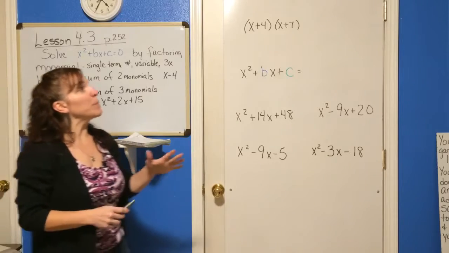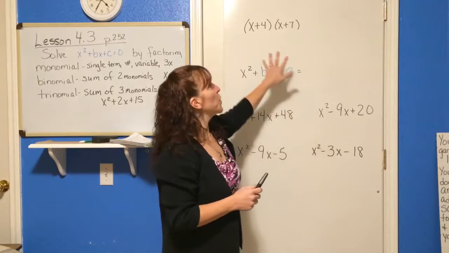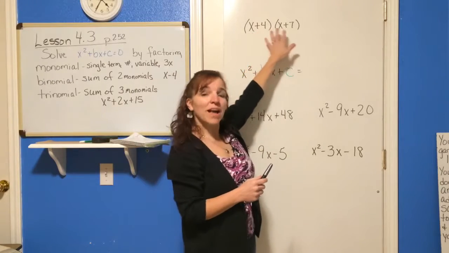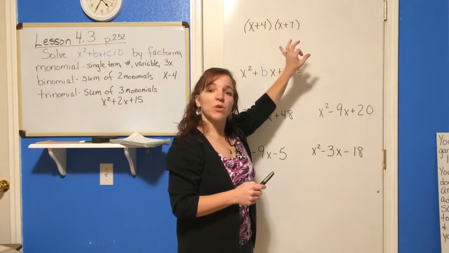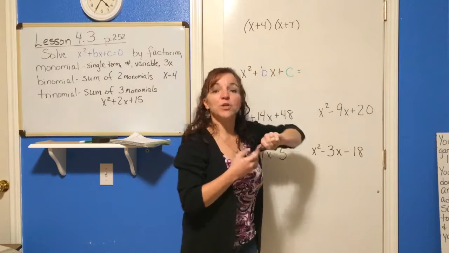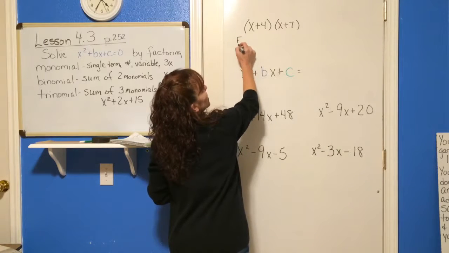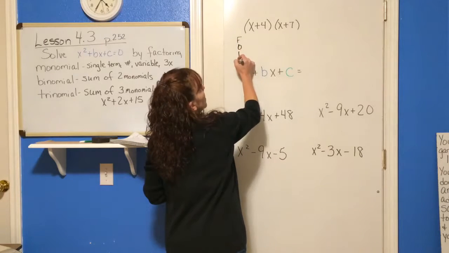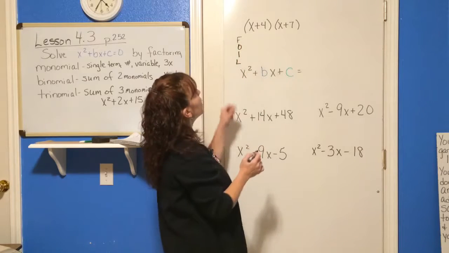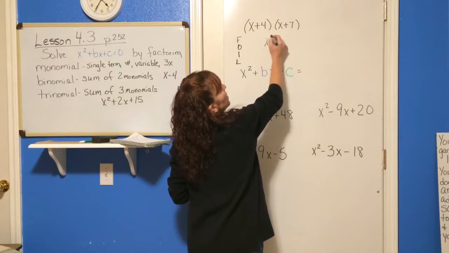And if you'll remember back to Algebra 1, what we did when we multiplied binomials, we could multiply those by making sure we multiplied every part by every part. And you probably did that by using the FOIL method. The FOIL being first, outside, inside, last. So when you multiplied the first terms, that would be the x times the x, which gave you x squared.